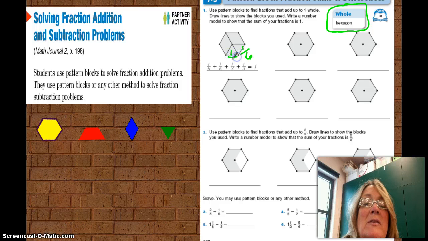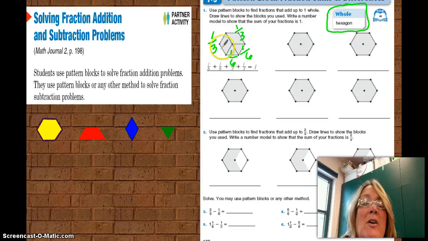So each triangle is a 1/6, so we put 1/6 plus 1/6. We know each rhombus is equal to 1/3, so notice how I'm writing each fraction to make sure when I go to write them down here, I have 4 shapes, 1, 2, 3, 4, and I have 4 numbers or fractions, 1, 2, 3, 4, to equal my whole.